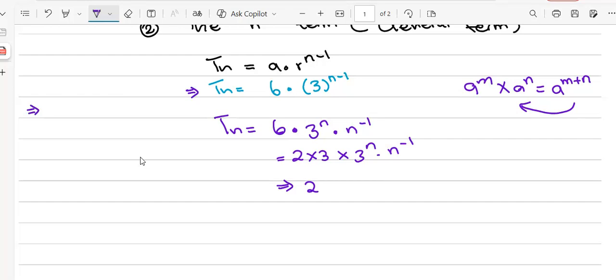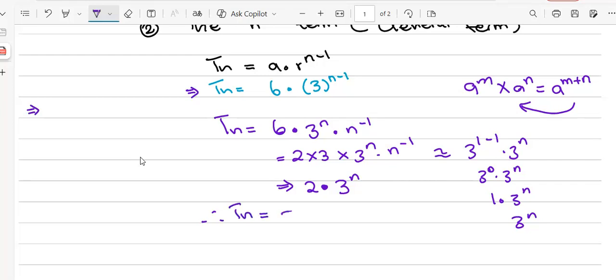So it is 3 to the power 1 minus 1 times 3 to the power n. 3 to the power 1 minus 1 is 3 to the 0, and any number to the power 0 is 1, so this is just 3 to the n. So this will be 2 times 3 to the power n. In conclusion, the general term can be written as 2 times 3 to the power n.